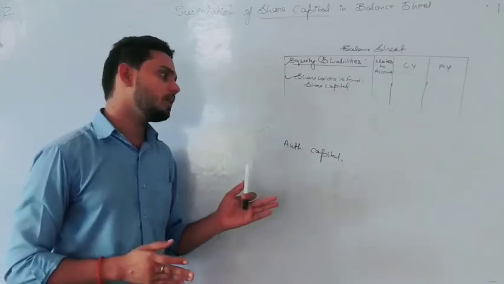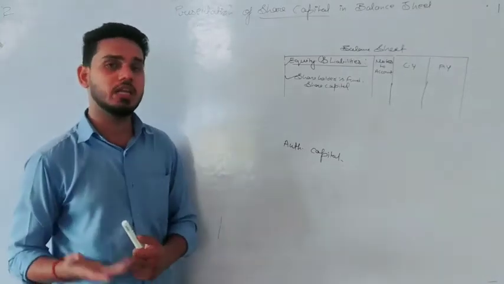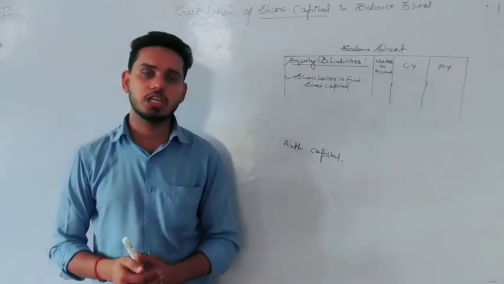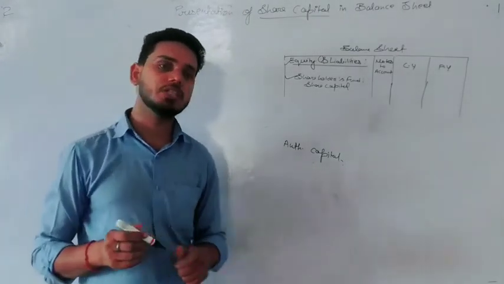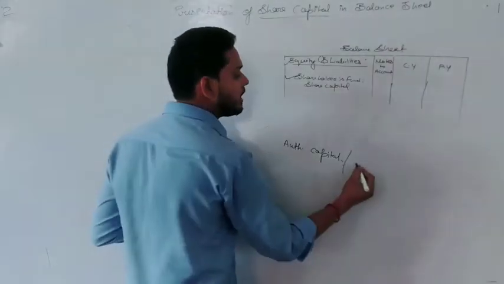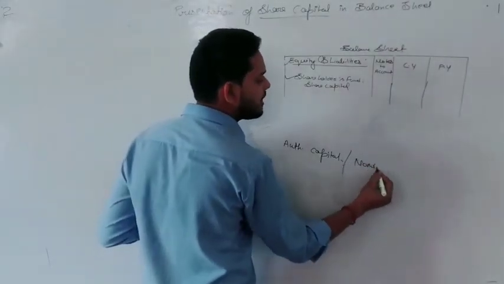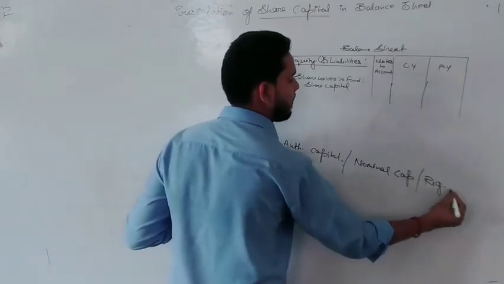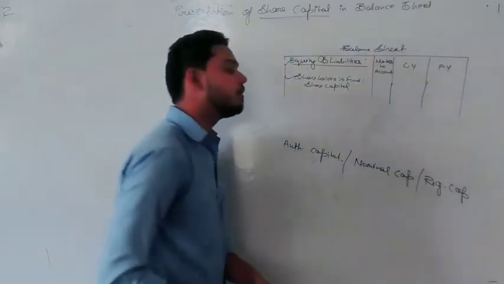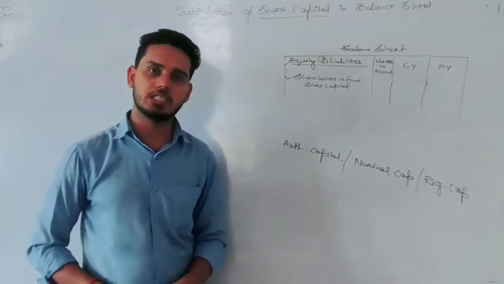This is the capital which the company has to mention in its memorandum of association at the time of registration. Now this is mere information, this is not the actual capital. That's why it is also known as nominal capital or registered capital.